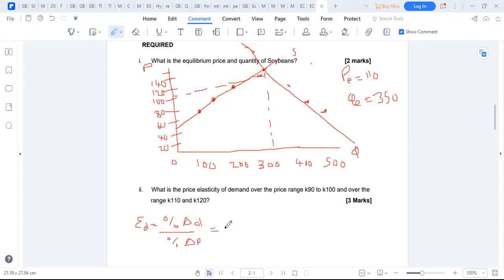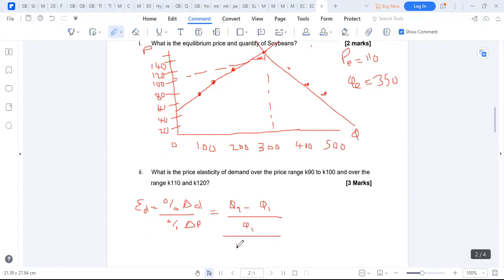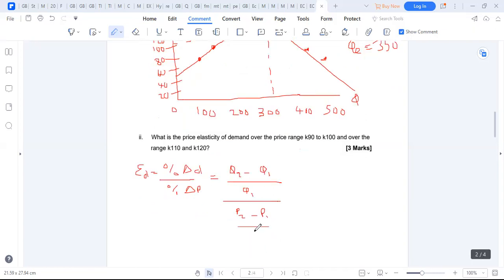So this will be Q2 minus Q1 divided by Q1, divided by P2 minus P1 over P1. So P1 is 90 and P2 is 100.